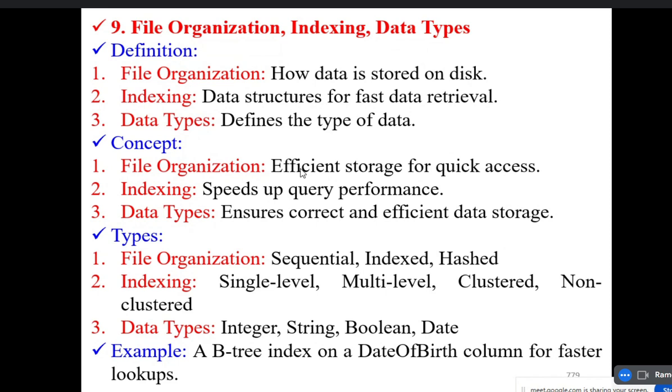A B tree is a tree satisfying the BST property: the left subtree is always less than the root and the right subtree is always greater than the root. All leaf nodes must be at the same level. That is called a B tree.